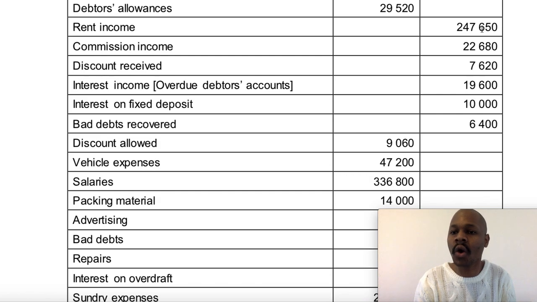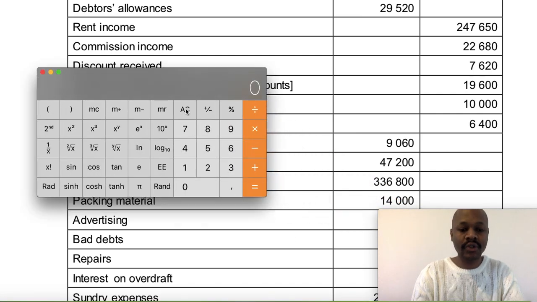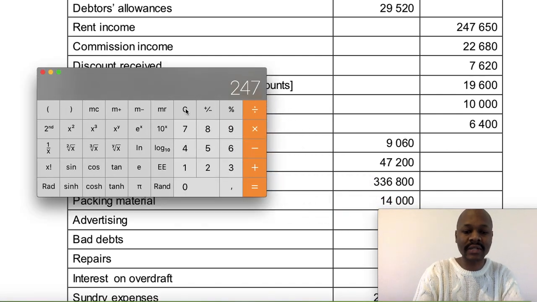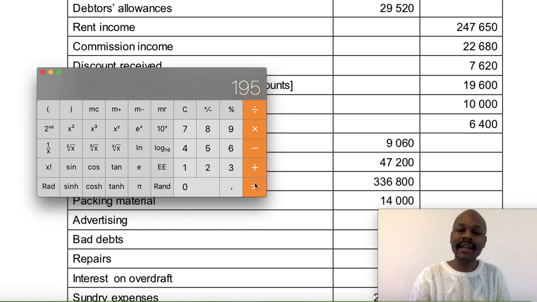We want to know how much we have to subtract, and it's included here. So how do we work it out? We simply say that amount, 247,650 divided by 1,270, it gives you 195.